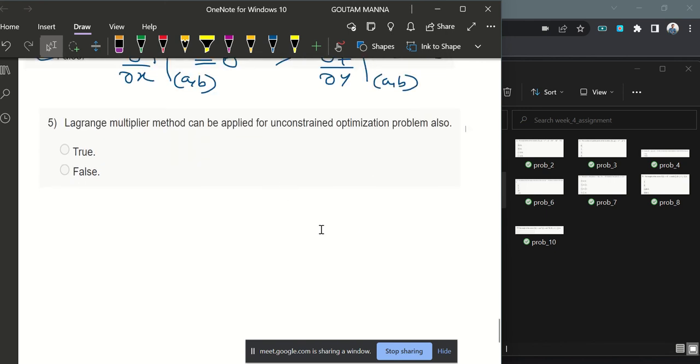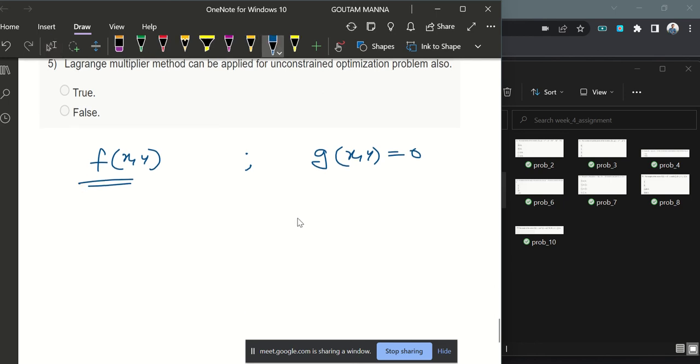Let's say there is a two variable function f of x y, it can be anything. You are asked to optimize this f, and the constraint is g of x y equals 0. In that case you can apply the Lagrange multiplier method, where lambda is the Lagrange multiplier.